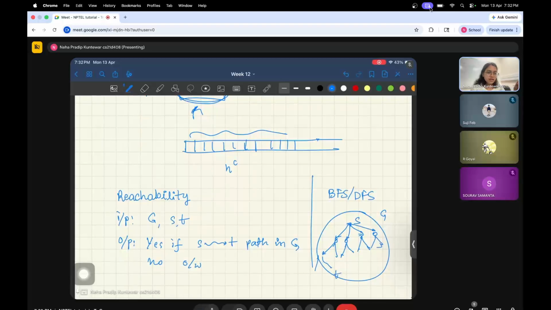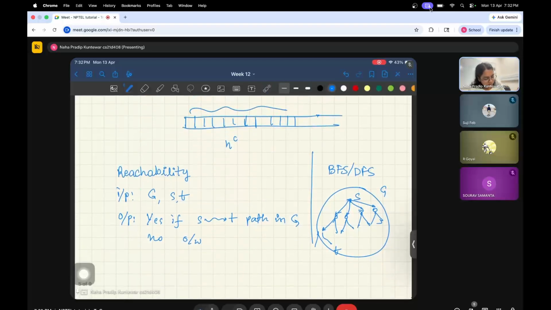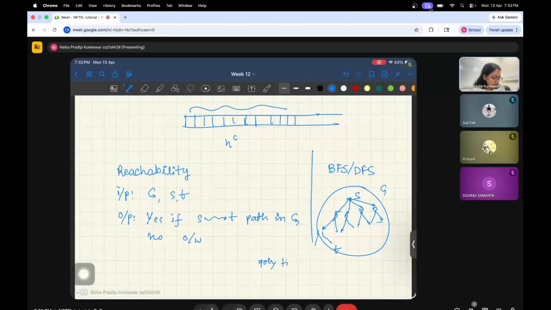If you reach T at some point, you say there is an S to T path. Otherwise, after some steps you would have repeated a vertex, in which case you have a cycle, and you can't escape that loop and never see a T. So you discard such cycles, and at the end, if you have never seen T, you say there is no S to T path. That's the algorithm, and this runs in polynomial time.